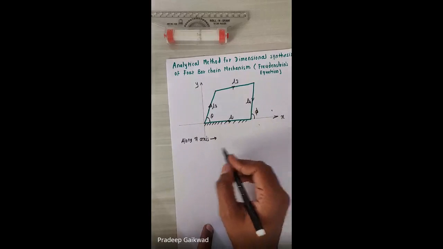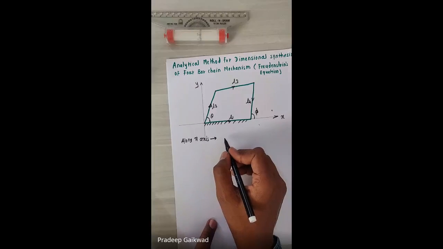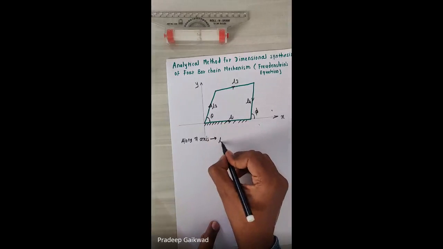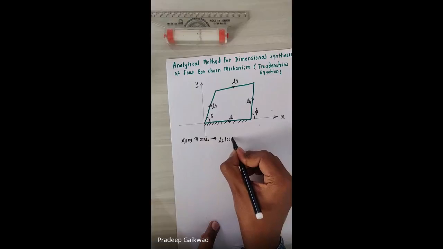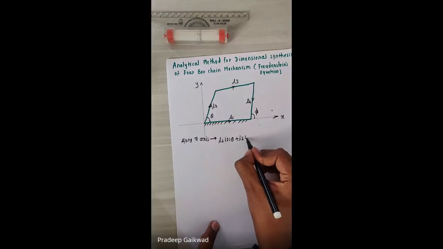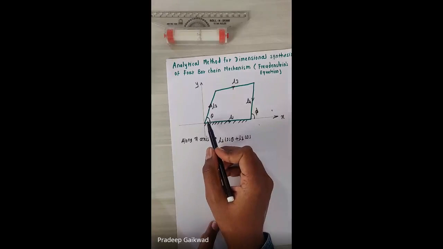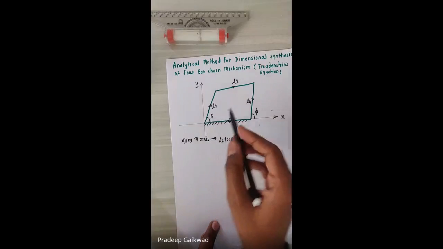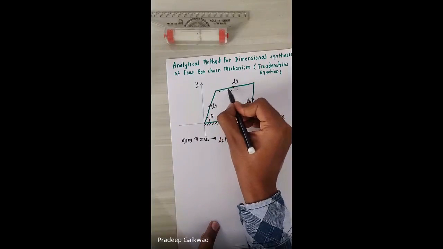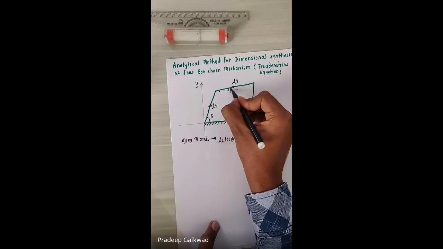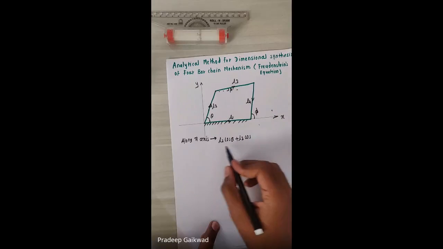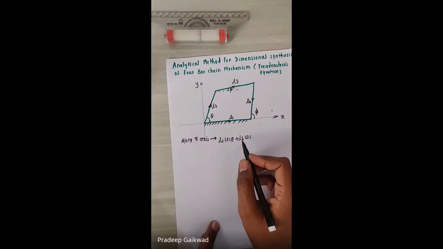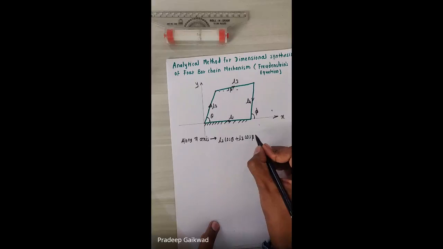So along the x-axis, L2 cos theta is positive, plus L3 cos beta, where this angle is beta, minus L4 cos phi.